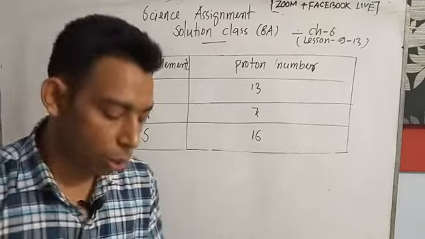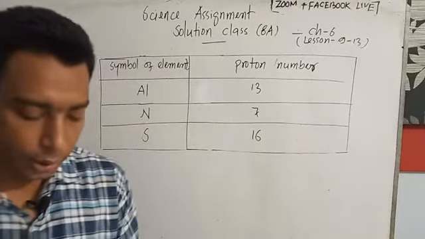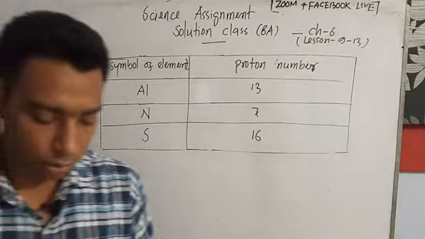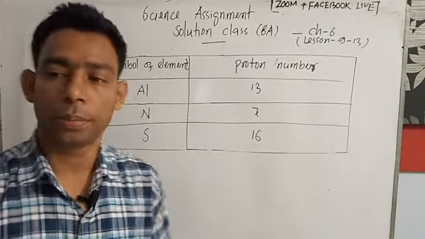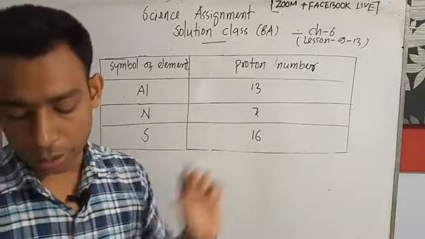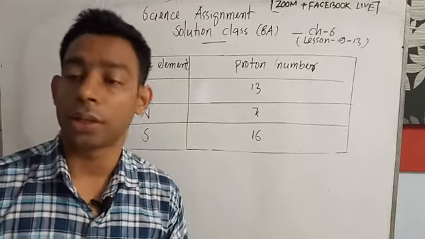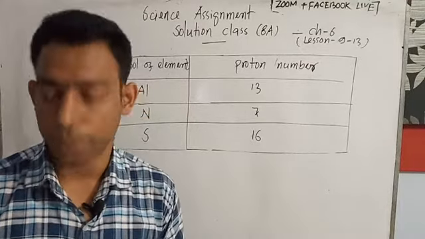Then what does the assignment say to do? First one done. Using the electron distribution of the above elements, find out and justify the explanation.